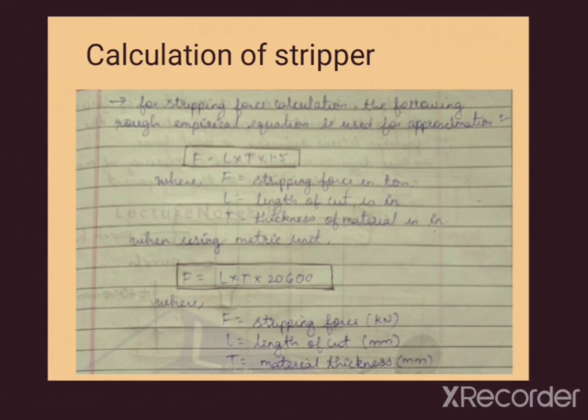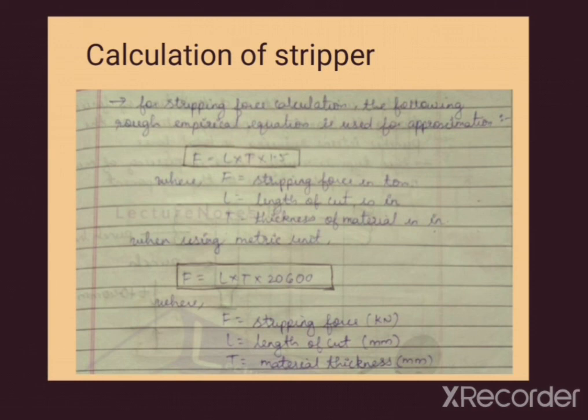Now when using metric units, F equals L into T into 20600, where F is the stripping force in kilonewton, L is the length in mm, and T is the material thickness in mm.